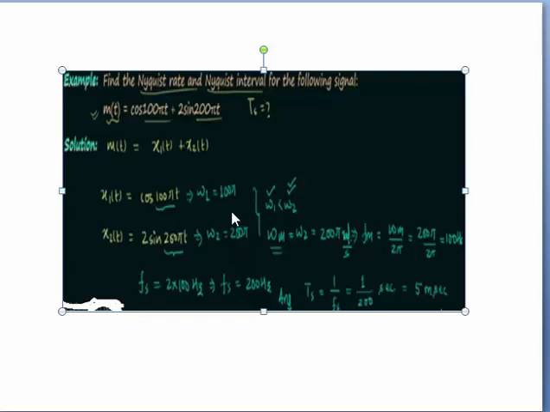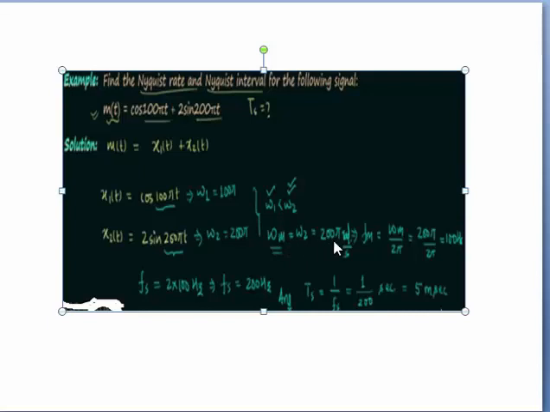Comparing ω1 and ω2, you will find ω1 less than ω2. And we are looking for the maximum frequency component, that is ωm. Out of ω1 and ω2, ω2 is the maximum frequency component. Therefore ωm is equal to ω2 is equal to 200π.